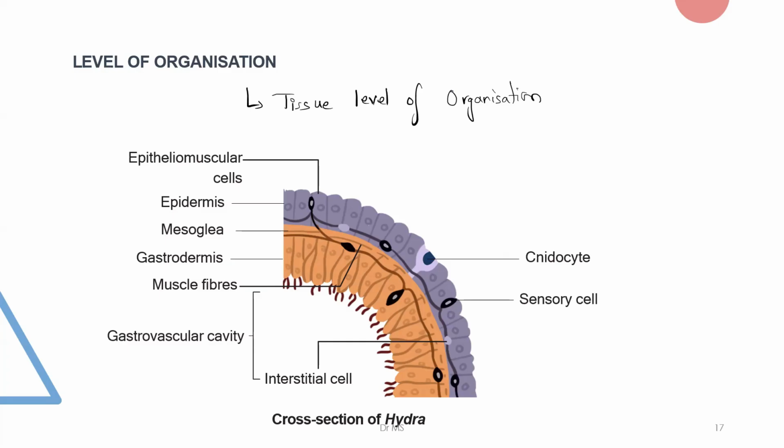A tissue has specific functions, so many cells of the same size, shape, and origin come together to form a tissue. Yes. So cells performing a similar function are grouped into tissues. And these cells will have the same function, same structure, and same origin. They are identical to each other. But if you see here, it's only up to the tissue level. These tissues are not organized into organs. Remember this.